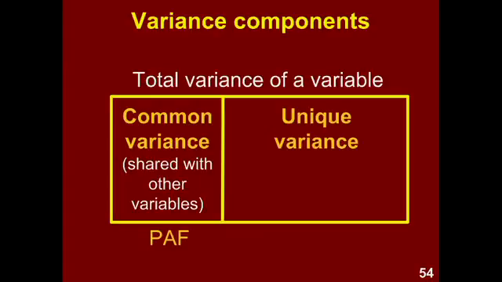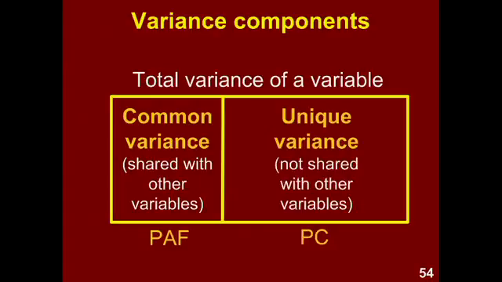Okay, so this diagram just tries to represent that up the top it says total variance of a variable, so the whole box, the whole rectangle, think of that as 100% or all the variance of a variable.